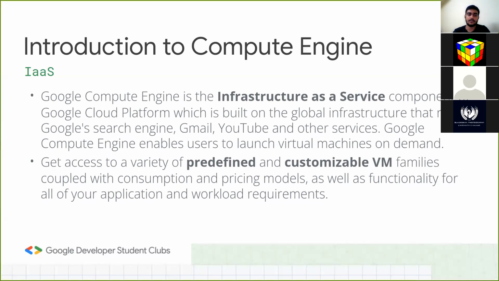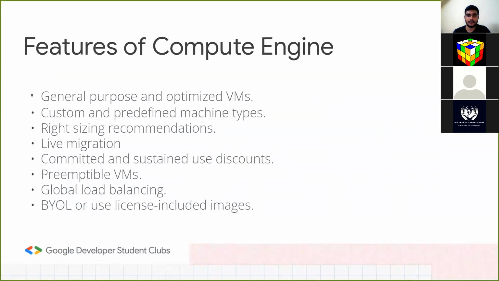Now you have completed a basic task like setting up a virtual machine and deploying a load balancer, but there are some other features also. So these are the features of compute engine. These are the most common, most popular and most used features, and they are very useful in your industry.